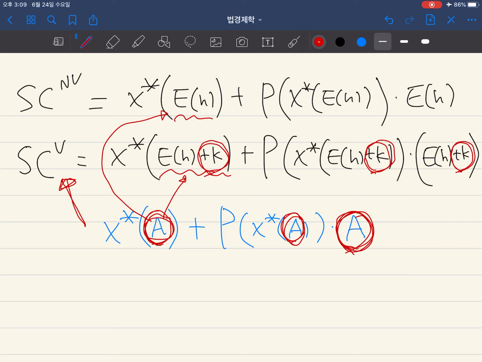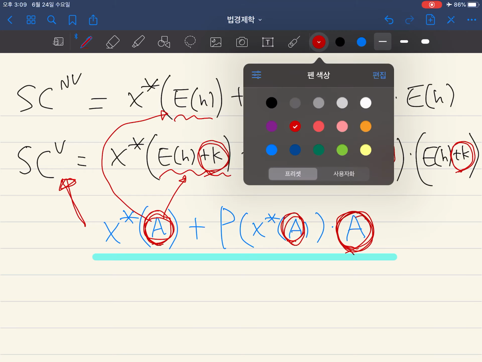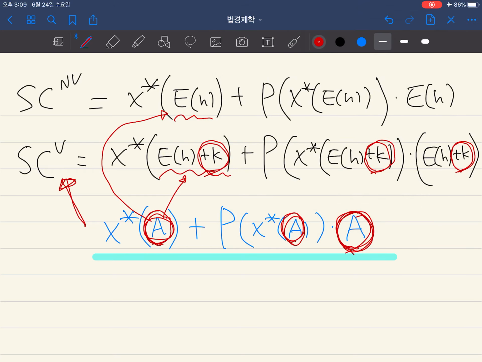So now our question is, in this blue expression, if A gets bigger, what's going to happen to this blue expression? If this blue expression is increasing in A, it also gets bigger when A gets bigger. What does it mean?